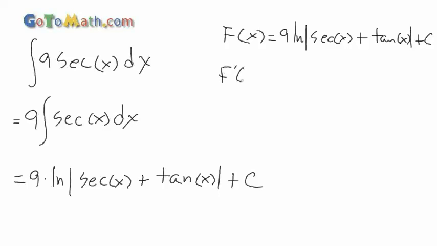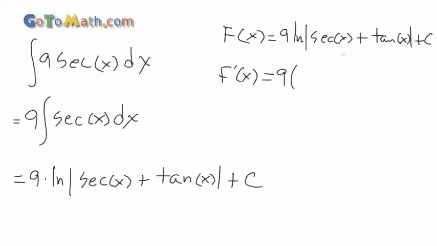So F prime of x is equal to, I'm going to rewrite this 9 here and start a parenthesis. The derivative of secant x, do we remember what that is?